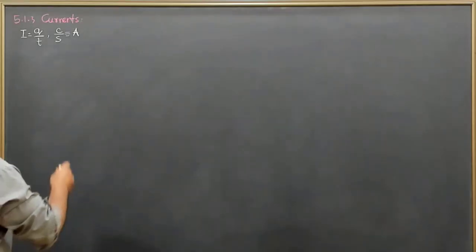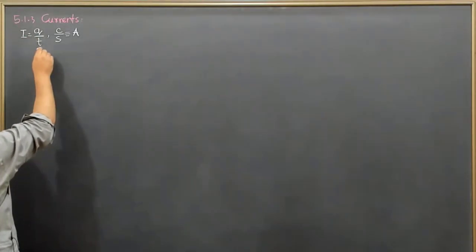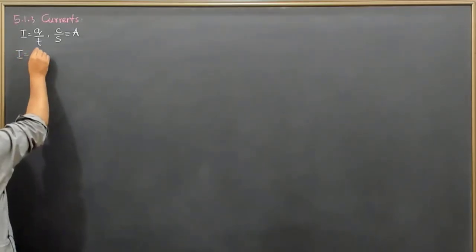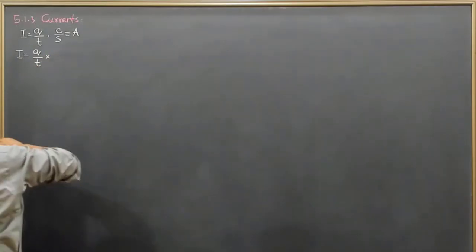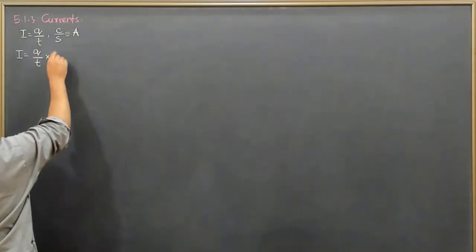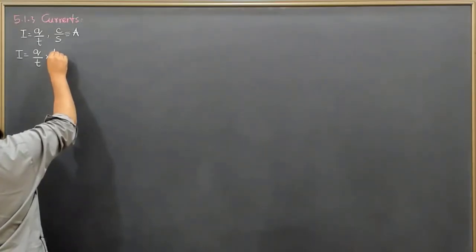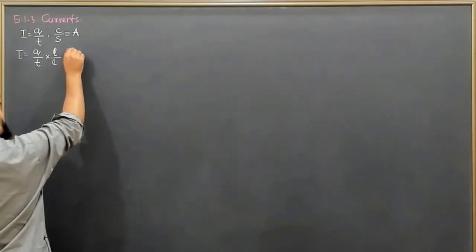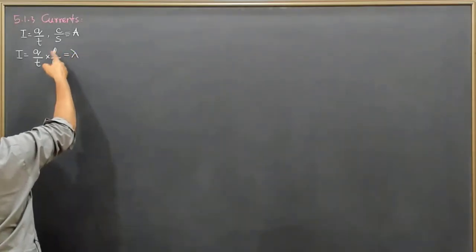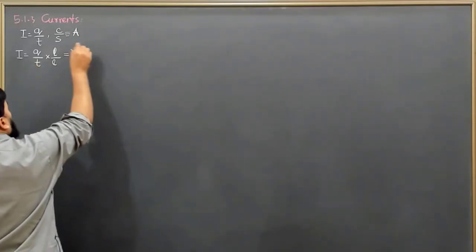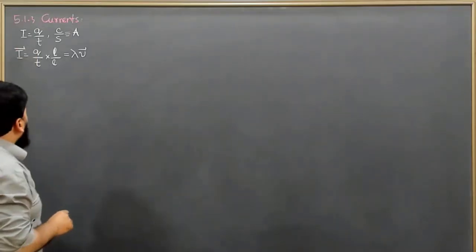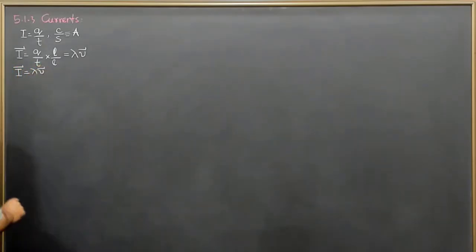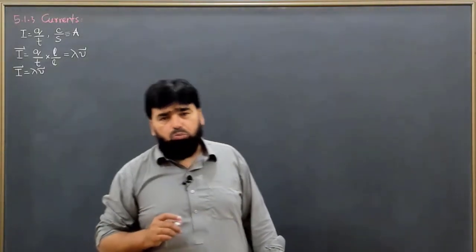If I write I is Q over T, and I multiply this with a length dimension L, then the charge per unit length I define as lambda, the line charge, and L over T is V. So I define this as I, a vector quantity, lambda times V. So Q times V or lambda times V is important.